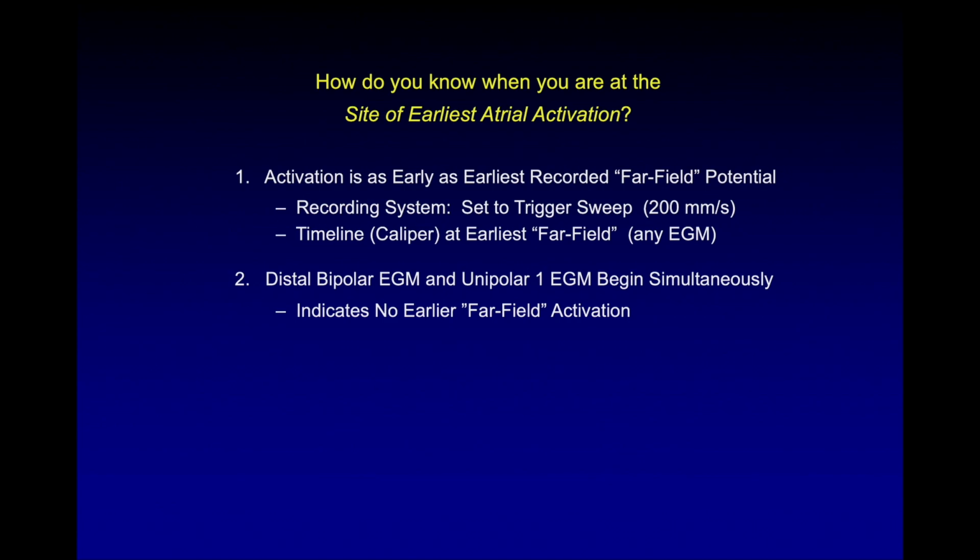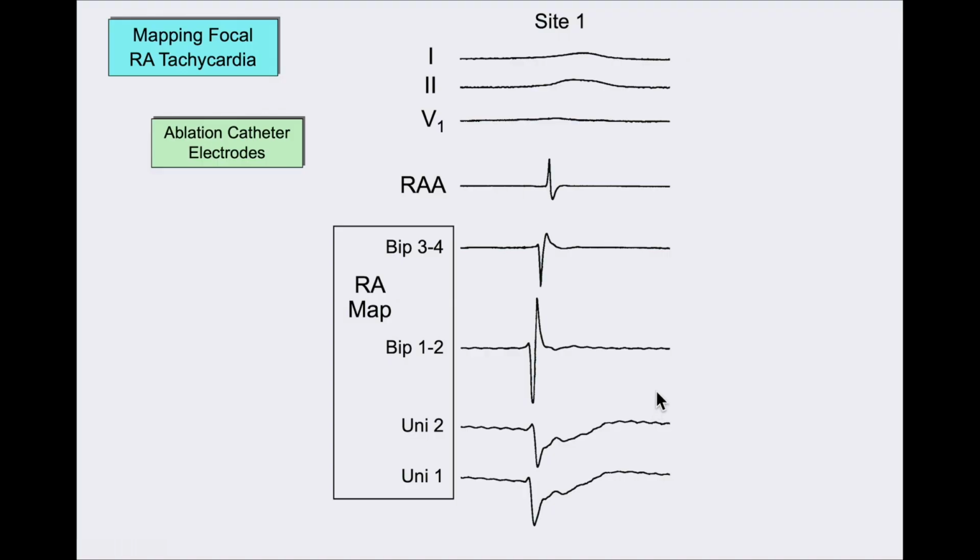Then we want to make sure that the tip or the ablation electrode is at that site of earliest activation. And so then we look and see if the unipolar electrogram begins with a steep negative component. So let's look at an example and see if we can demonstrate how we do this.